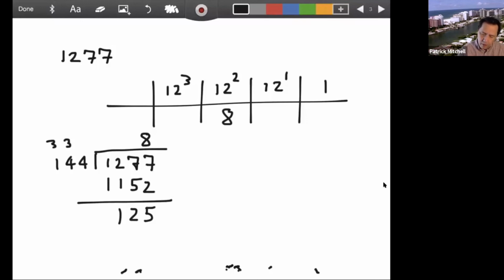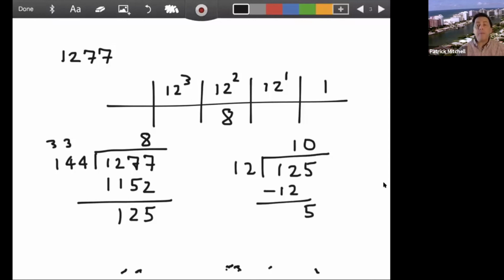Next, I need to know how many times does 12 go into 125. It goes 10 times. But remember, that's not how we write the number 10 in base 12. We write it like this, T. And we have 5 left over. So instead of asking how many times does 1 go into 5, you can just put a 5 there.